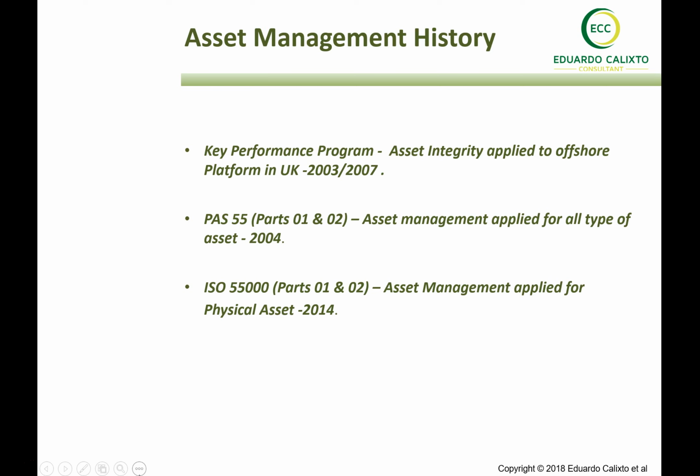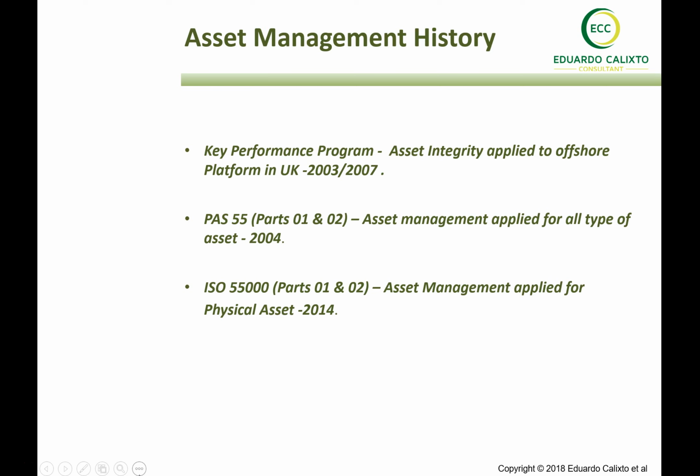Okay, the PAS 55 has two parts, part 1 and 2. The first is definition, the second is more about implementation. It was the first standard applied to asset management, in 2004, and was defined for all types of assets. After that, we had the ISO 55000 standards.